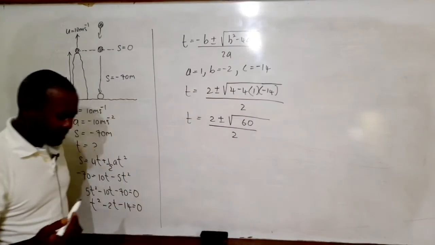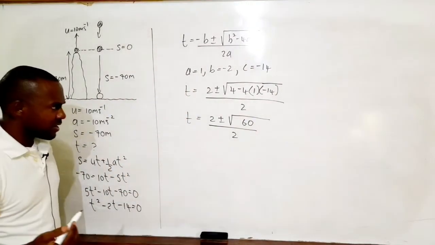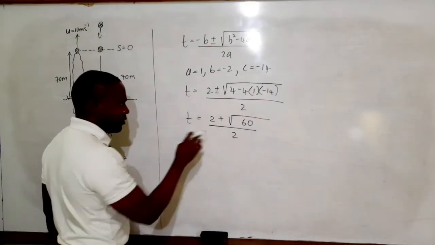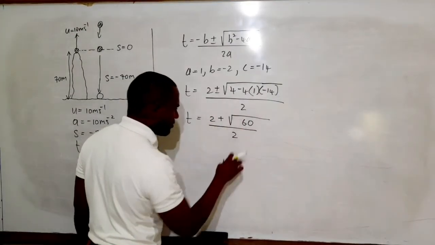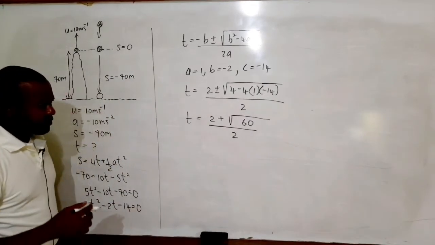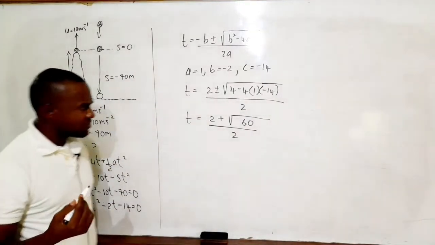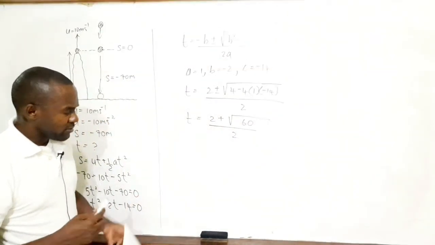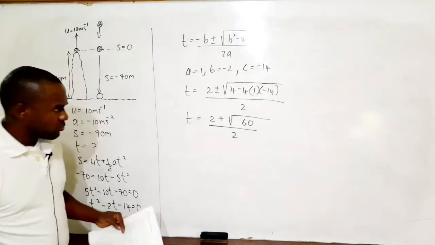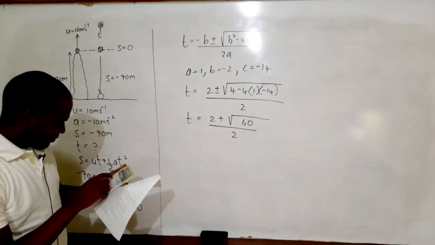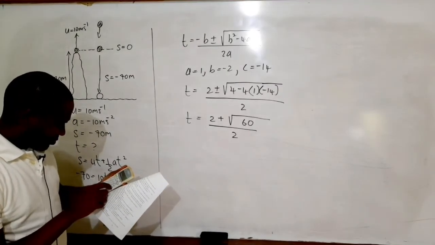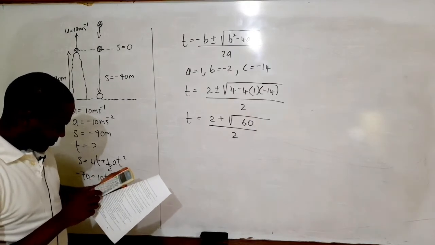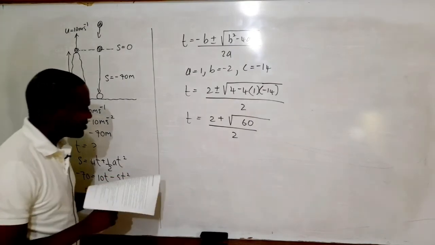Now we're calculating time, and the time could never be negative. So from here on, we'll just ignore this negative sign. So it's going to be equal to 2 plus root 60 divided by 2. And from the previous question, I remember that root of 60 was about 7.7, or 7.74.